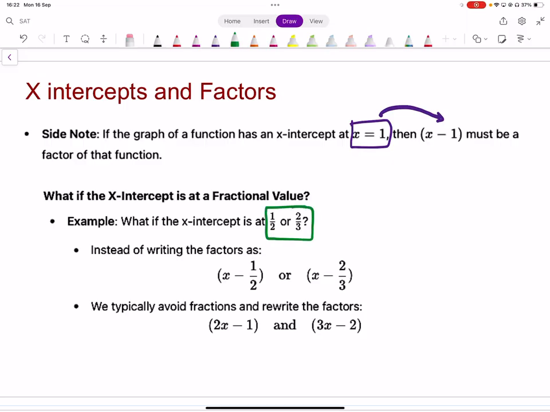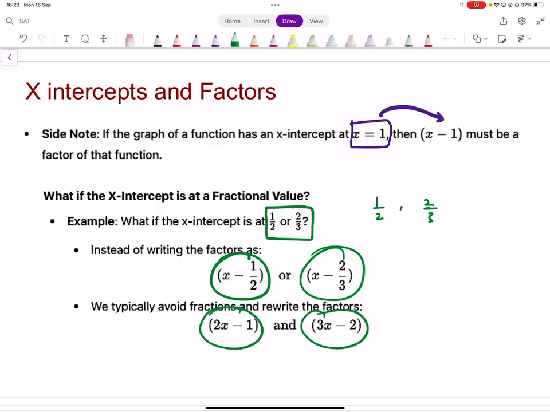So your calculator gives you 1/2 as a solution and 2/3 as a solution. What's the factor going to be? You can say it's x minus 1/2 and x minus 2/3, and that's perfectly okay. But another way to write that could be as 2x minus 1 and 3x minus 2 instead.